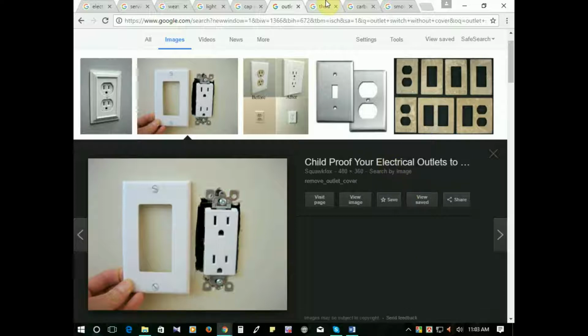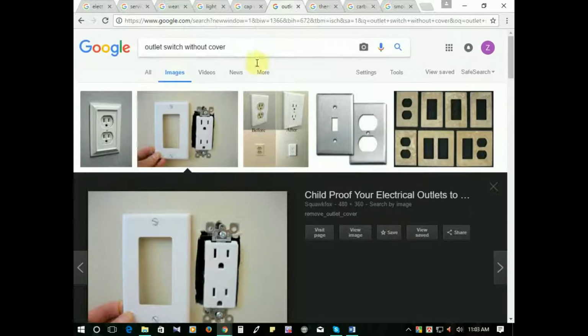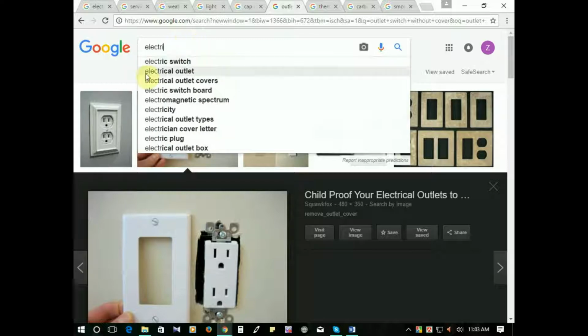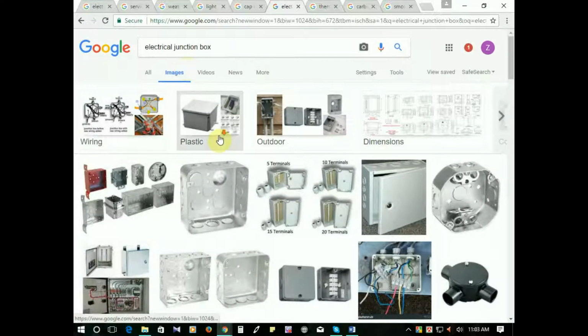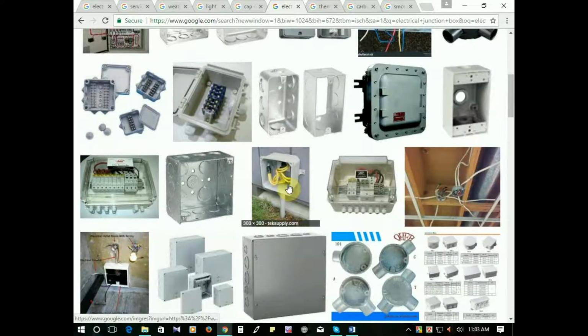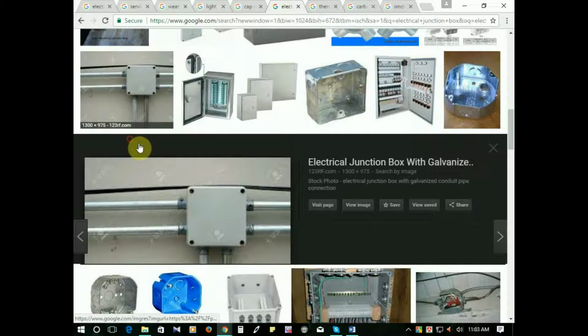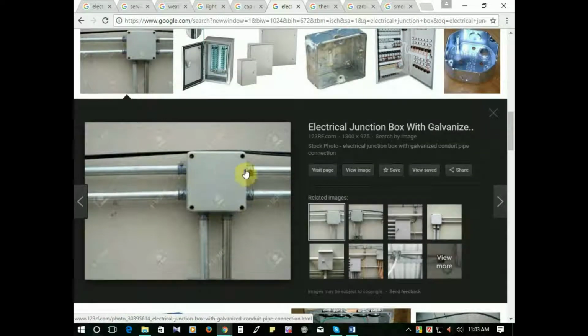Also, we need to make sure that the electrical junction box, let me just show what an electrical junction box is. So this is what an electrical junction box is, and we need to make sure, if one is present, that it looks exactly like this.